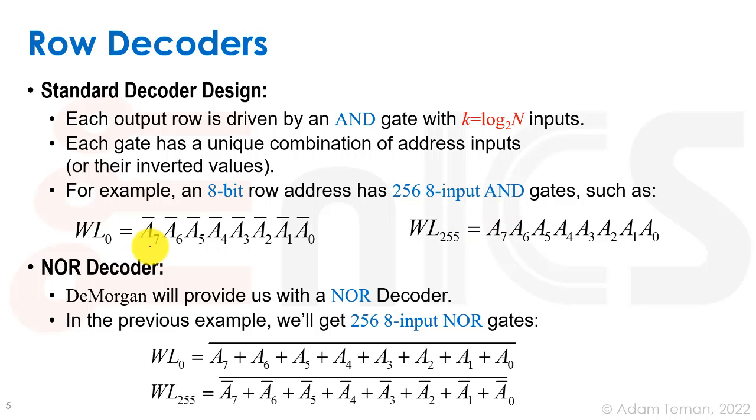So for example, this would be 0, 0, 0, 0, 0, 0, 0, 0, which is obviously word line 0. And this one would be 1, 1, 1, 1, 1, 1, 1, 1. So many ones is actually a pretty hard number to discuss, so we will discuss it in hexa because it's easy to go between binary and hexa.